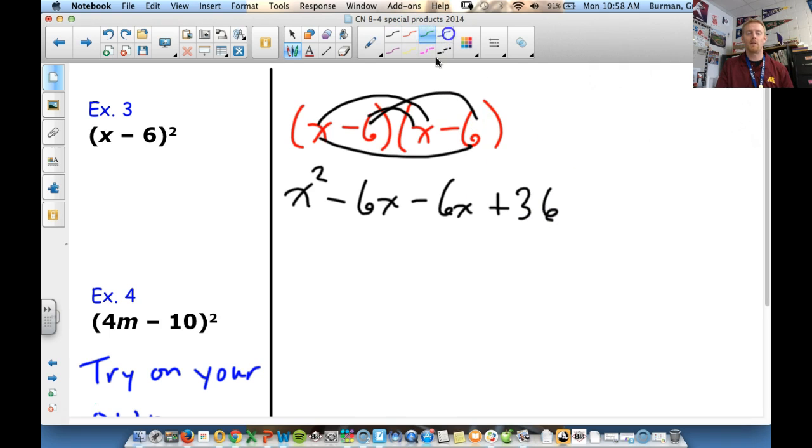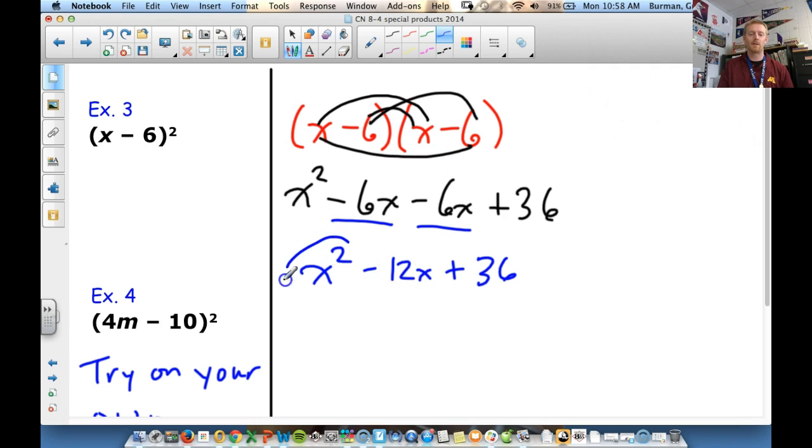So the difference in our pattern here today, folks, is that when we're having a subtraction problem, we have a minus 2ab, minus 12x in this case, plus b squared, because a negative times a negative makes that positive. So this middle number, if you remember from the last time, was a positive. This time our middle term is going to be negative.